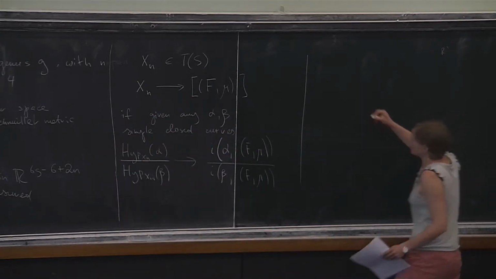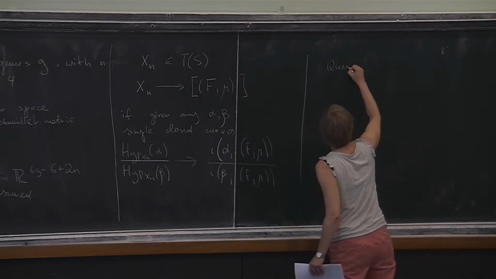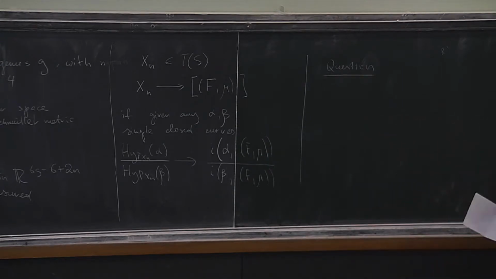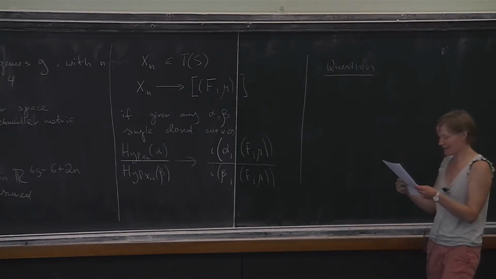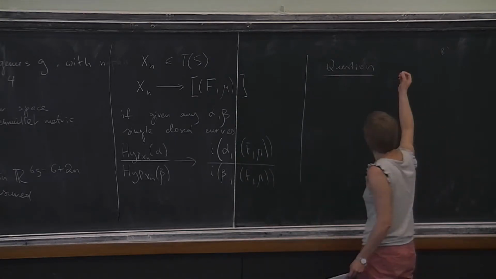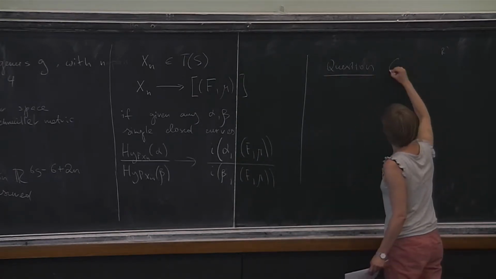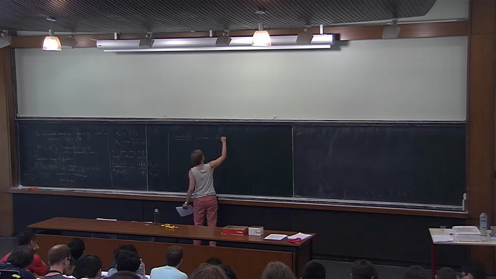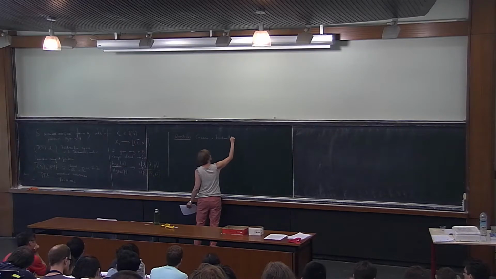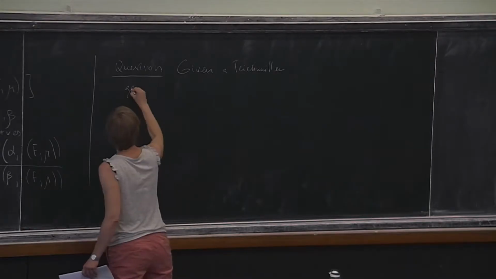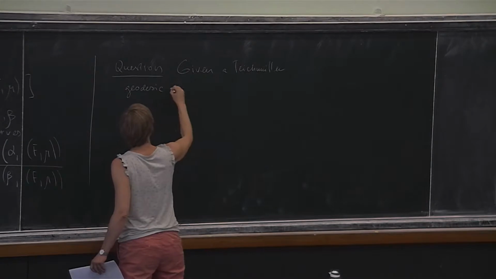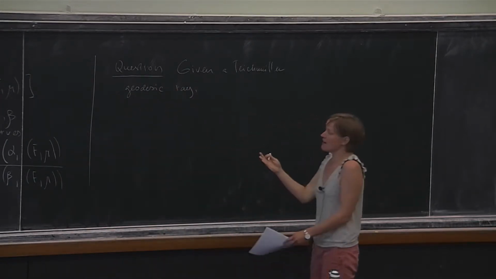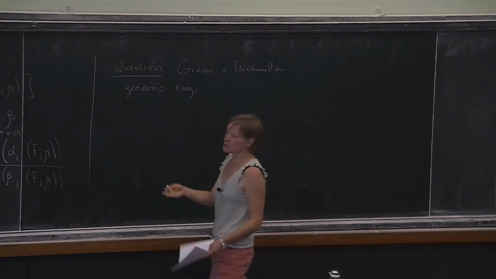Okay, so the question that I work on from time to time is the following. Given a Teichmuller geodesic ray, how does it behave with respect to the boundary?